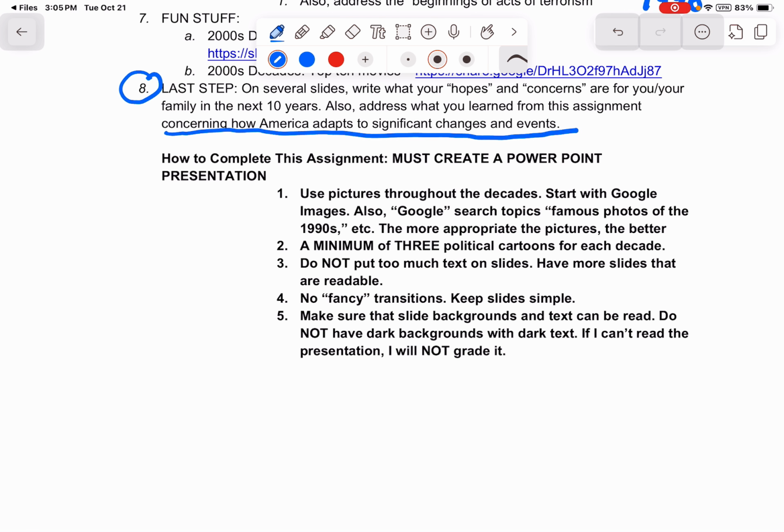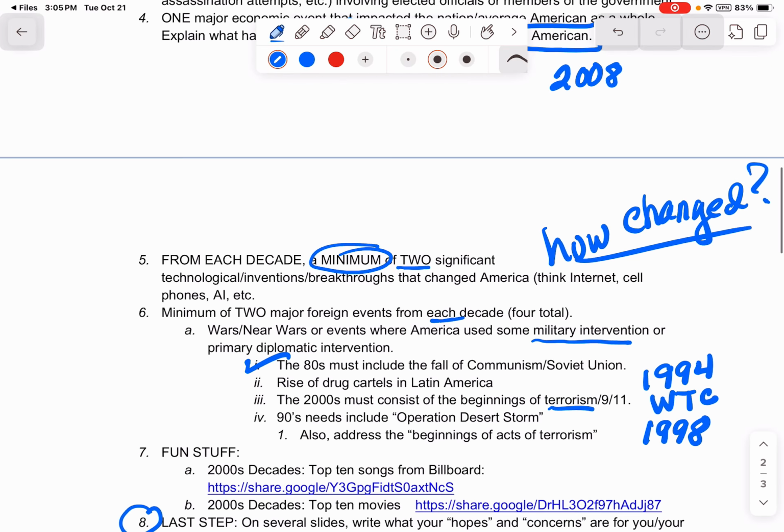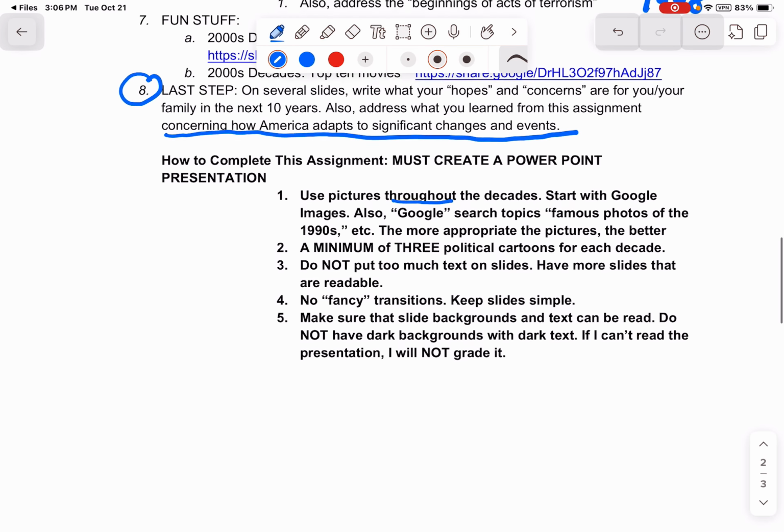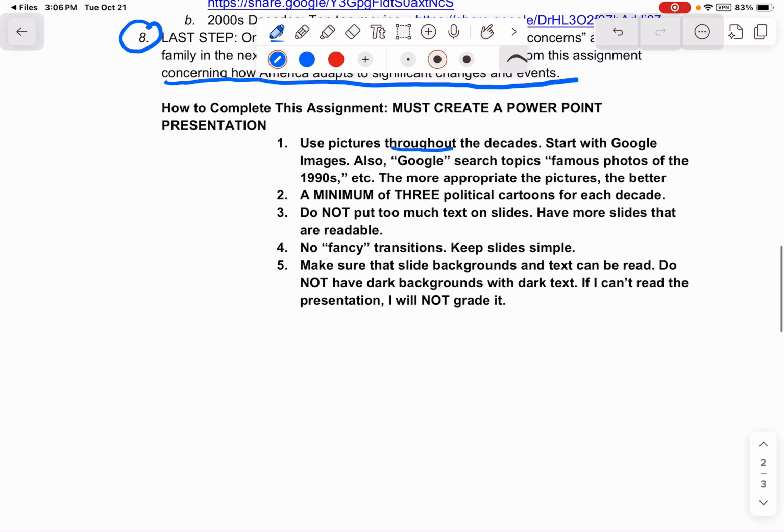And here are some guidelines for the PowerPoint. Use pictures from throughout the decades. You start with Google Images. I went in and Googled famous photos of the 1990s, for example. Tons of famous pictures from those time periods. Many of those pictures were centered around some of the topics that I'm having you do up here. The more appropriate the pictures, the better.